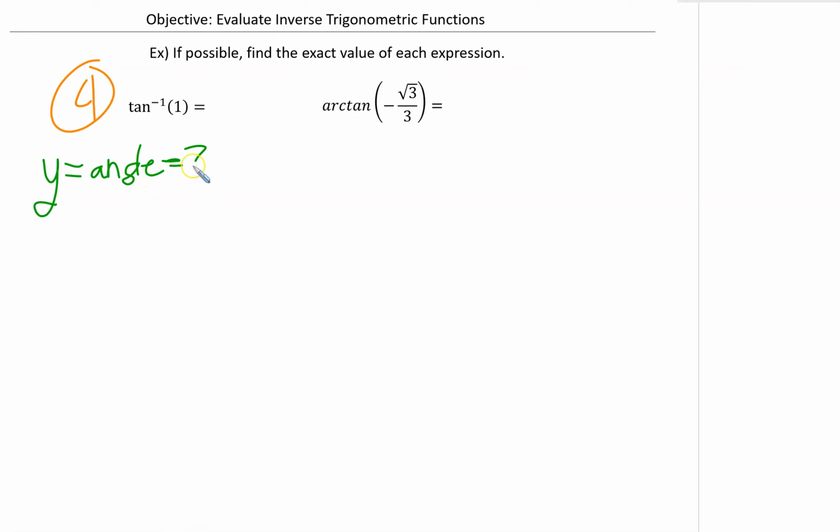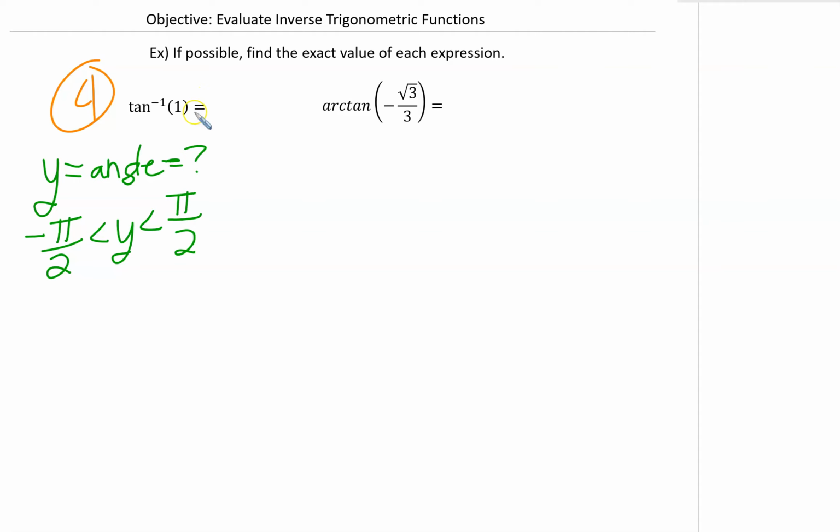So here we know that our tangent needs to be positive 1, and that we're looking at angles being restricted for tangent, again, to the first and the fourth quadrant, not inclusive of the negative pi halves and the pi halves, because that's where tangent is undefined.